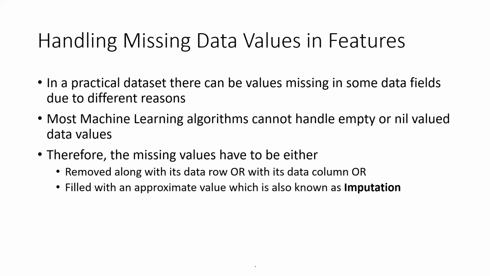So what you have to do is you should remove. There are two things you can do, right? Either you have to remove the entire row where the data is missing, because the data is not complete. So suppose you have 100,000 records and 2-3 records have some missing values.